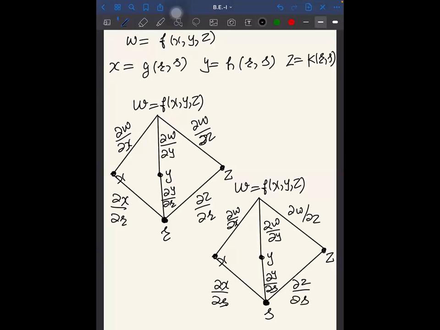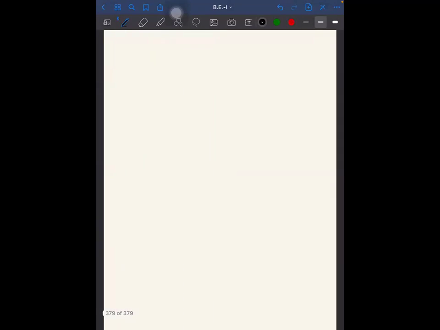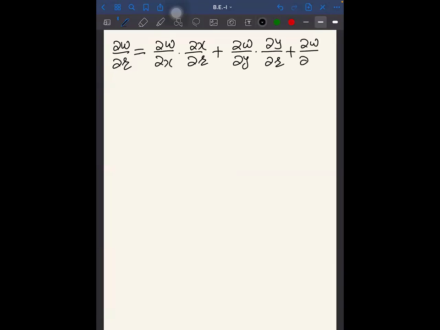Is it okay? So how do we read the picture? Rather than saying dw by dt, we'll say curly W upon curly R. We'll write it as curly W upon curly X into curly X upon curly R, plus curly W upon curly Y into curly Y upon curly R, plus curly W upon curly Z into curly Z upon curly R. So you see the changes over here.